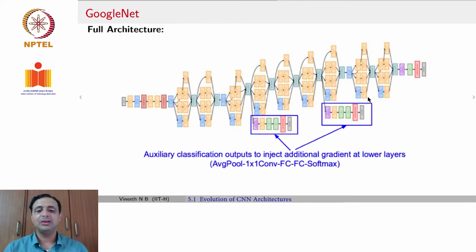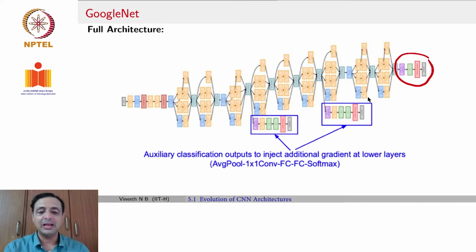And in between, you see here that there are auxiliary classifier outputs. This is because it's possible that a gradient in the last layer may not reach earlier layers when you have many stacked layers across the neural network.